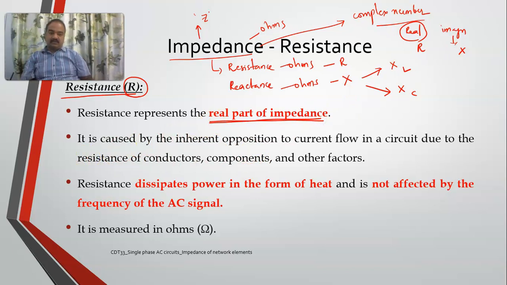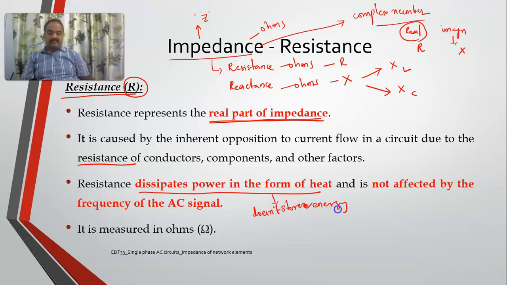It is due to the opposition to the flow of current in a circuit. In a circuit you can have many elements, and each element can offer resistance, so the net resistance is represented by R. The resistor dissipates power in the form of heat. Try to remember, resistance doesn't store energy.